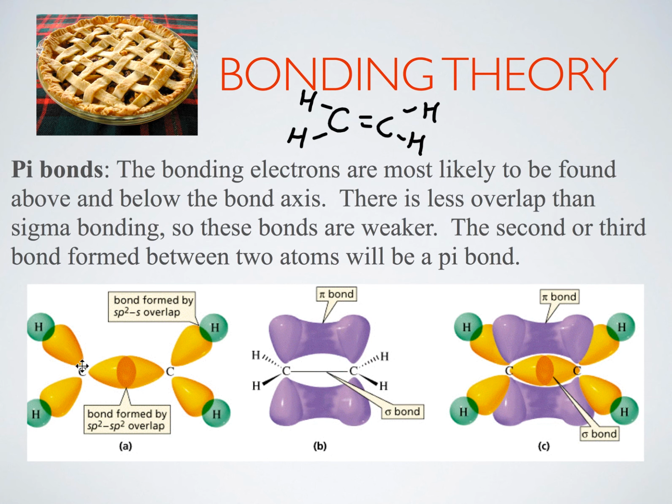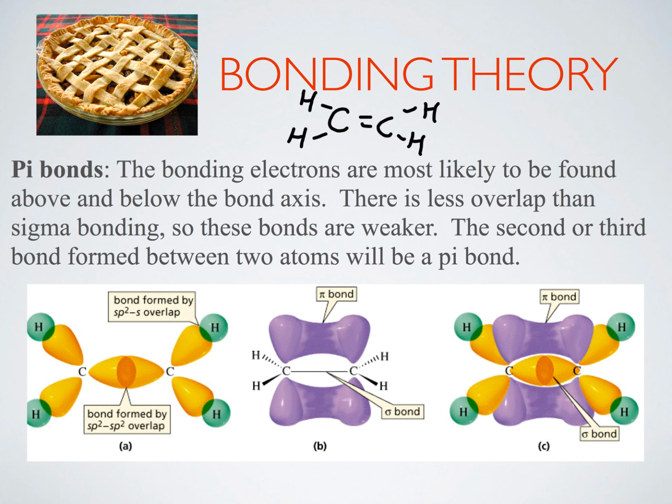So I have 3 sigma bonds, or 3 direct overlaps, but then the carbon still needs to make that second bond. So from the original p orbitals that were not being used before, we get a pi bond, where there's some electron density that is shared above and below the axis. Here we can see how all this kind of fits together. So we have our direct overlap, we also have our indirect overlap.